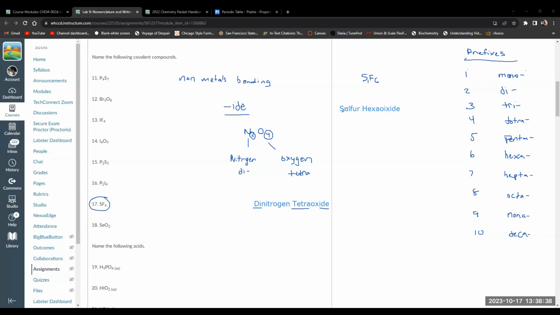You can if you want. It's not the wrong answer. So if you said monosulfur hexaoxide, that's correct too. But most of the time, mono isn't primarily used. Two and so on, it's obviously used. So that's just one interesting thing about nomenclature.